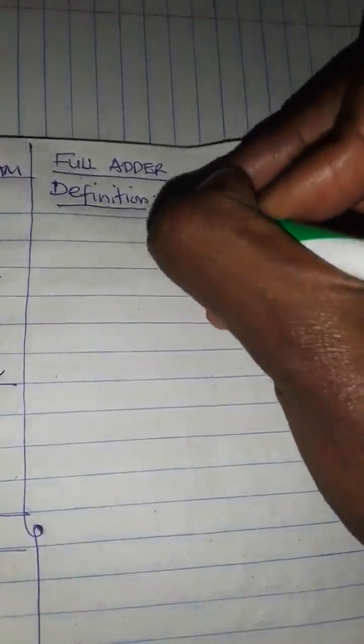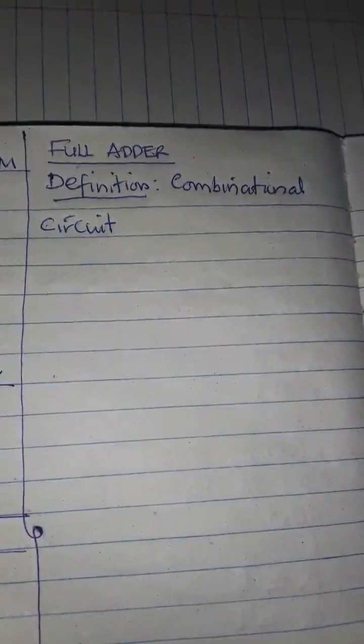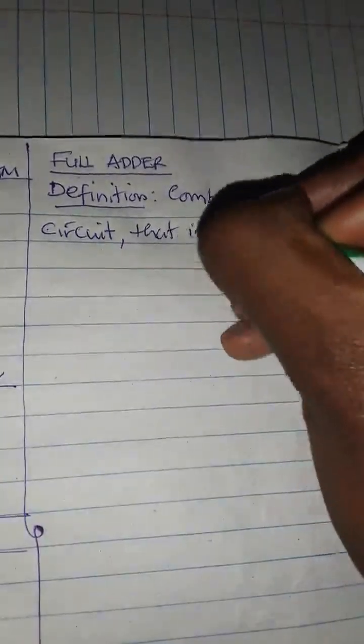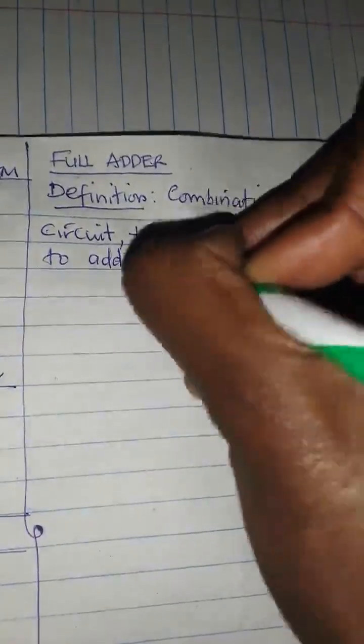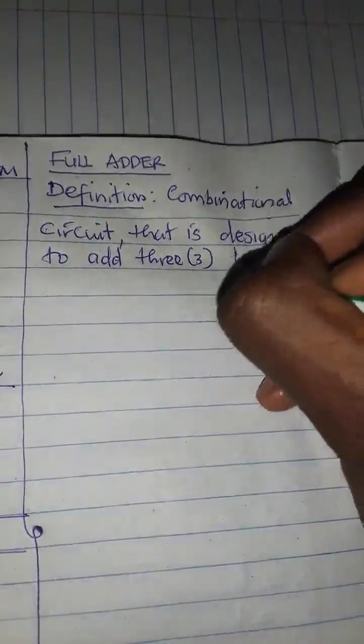By definition, a full adder is simply a combinational circuit that is designed to add three binary digits.